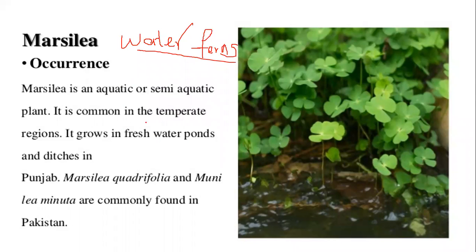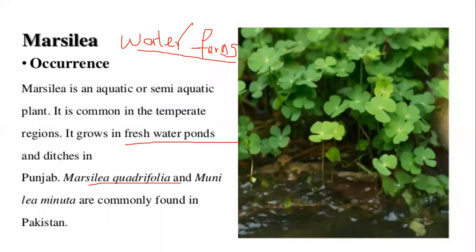Now, it is also common in the temperate regions and in freshwater ponds and ditches. The best example we can find is Marselia quadrifolia. You can see here the species name quadrifolia. Folia always refers to the leaf. Quadri means four.